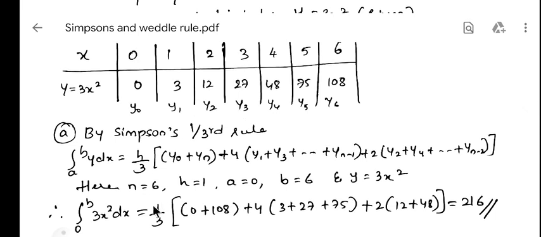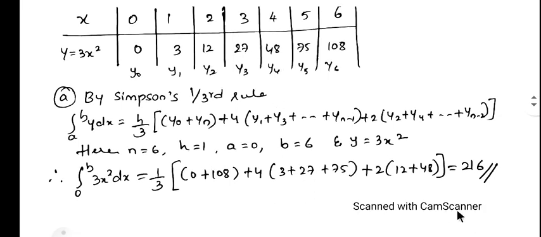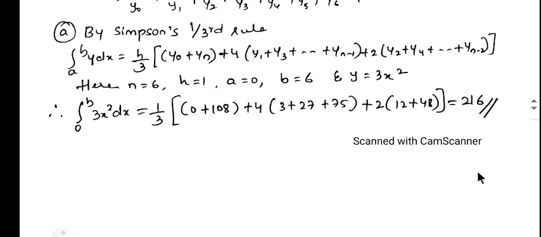Here h is equal to 1 by 3, y0 is 0, then yn is 108, I mean the last term, plus 4 into all the odd terms, that is 3 plus 27 plus 75. Next, plus 2 into all even terms, 12 plus 48. Simplify it, you are going to get the answer as 216.